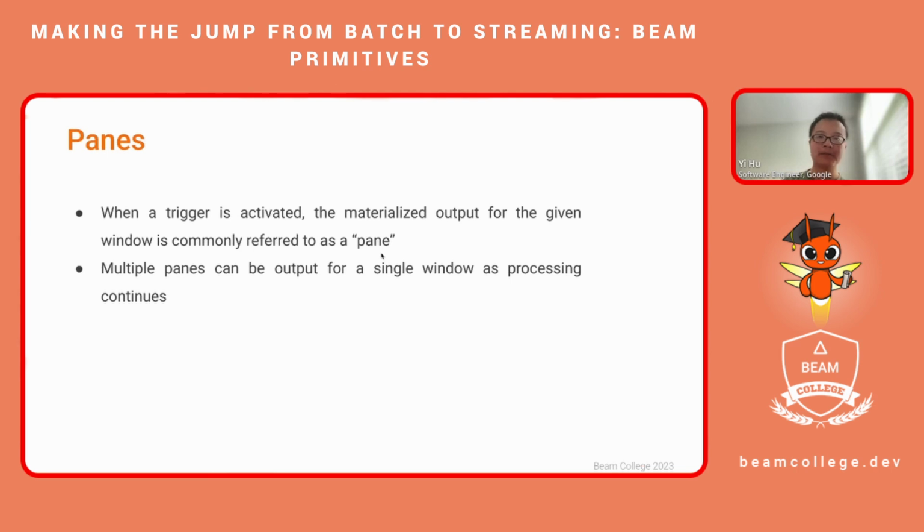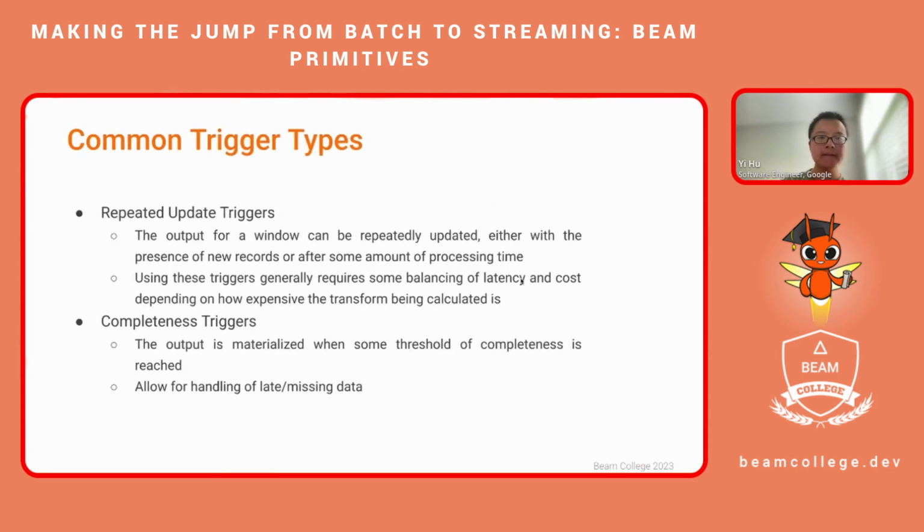That is the more formal definition. Multiple panes can be output for a single window as processing continues. Trigger system is arguably one of the most confusing concepts in Beam. It's harder to handle correctly, so one needs to be careful, and one can also implement a custom trigger.